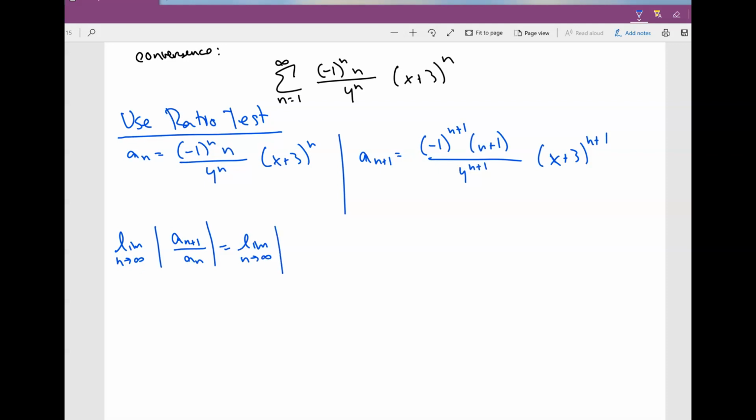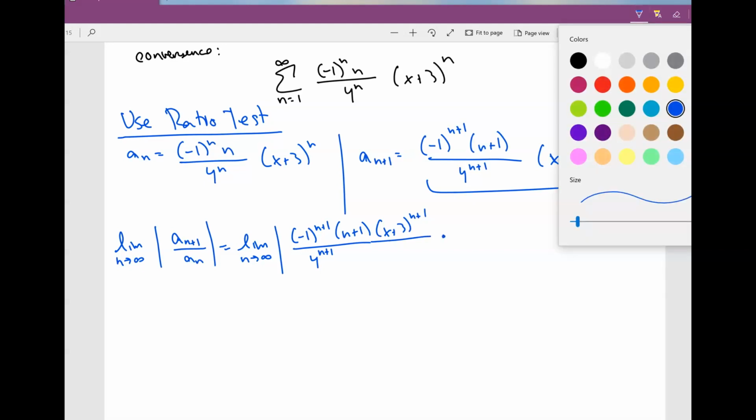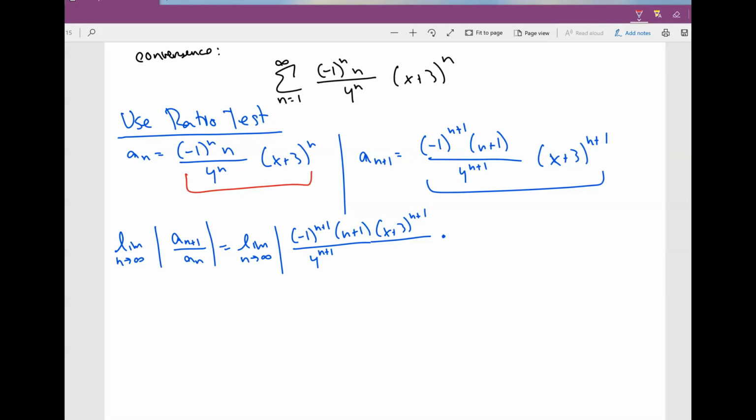Okay, and now let me go ahead and take the limit of this, limit as n goes to infinity. So you're going to have the a sub n plus 1, which is this guy right here. This is going to be -1 to the n plus 1 divided by 4 to the n plus 1. And then I'm going to write the x plus 3 to the n plus 1 on the top. Okay, multiplied by the reciprocal of this part, the a sub n.